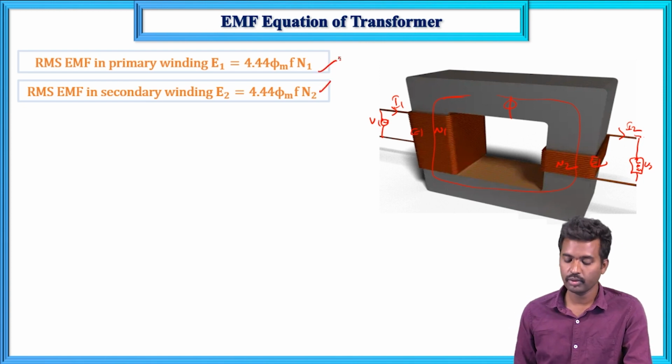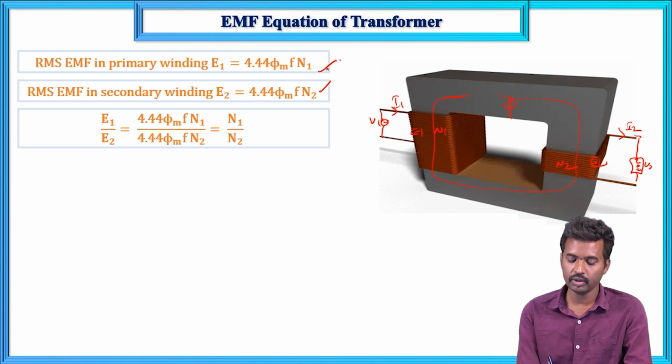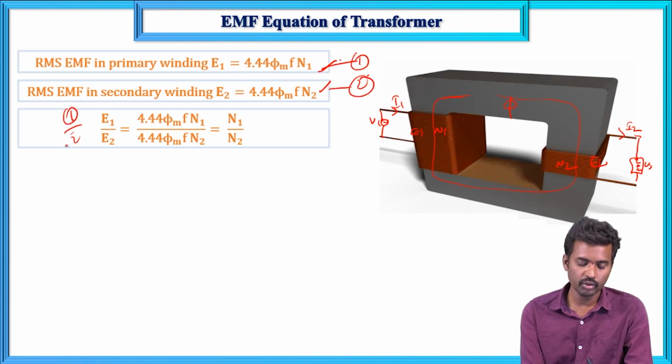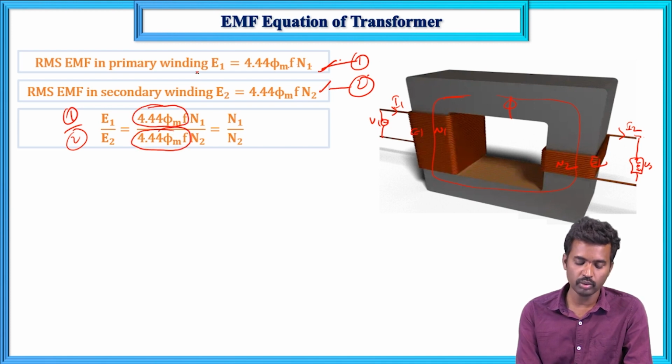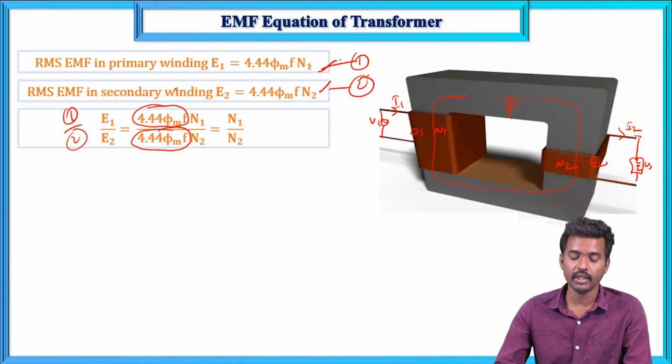Now if you do equation number 1 by equation number 2, E1 by E2 equals 4.44 phi m f N1 divided by 4.44 phi m f N2. This term is the same in equation 1 and equation 2, so you can cancel this common term in the numerator and denominator.